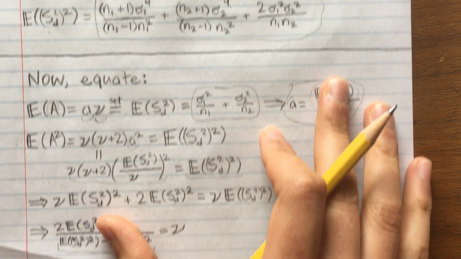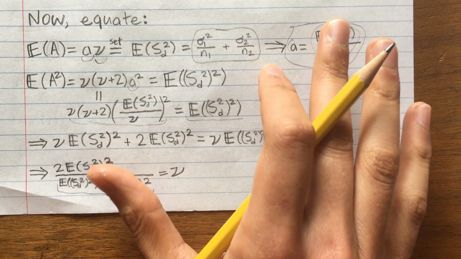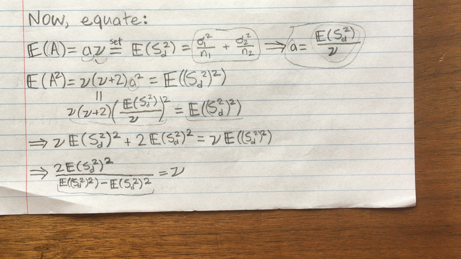Now it's time to equate our generic scaled chi-squared distribution with SD squared, and then find out what degrees of freedom and what scaling factor we're going to need in order to get SD squared to be approximately equal to a scaled chi-squared.